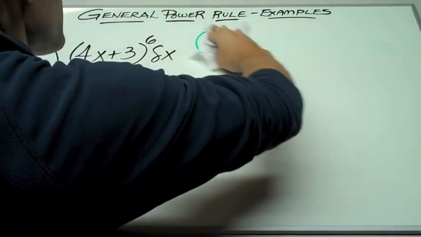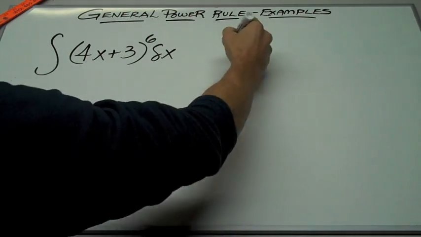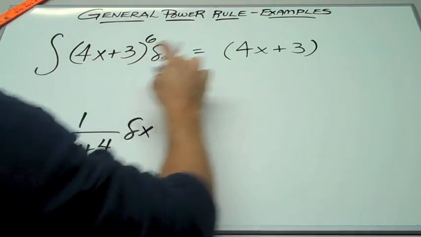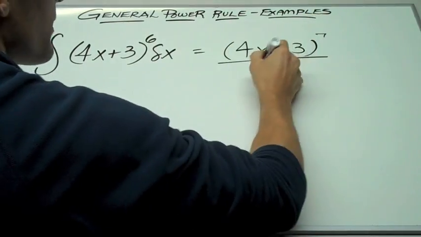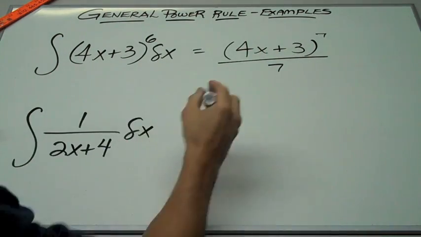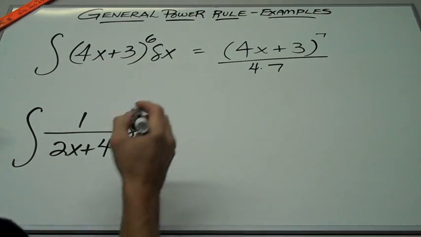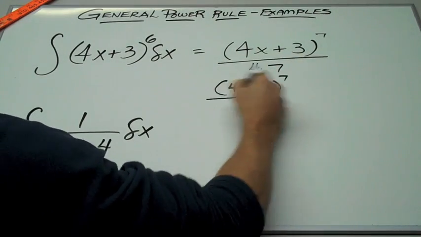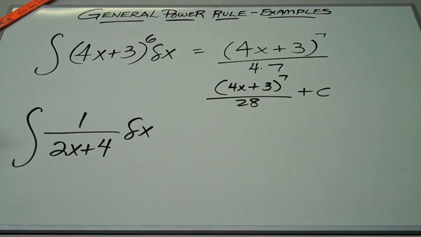If that's our pattern, then this is going to be (4x + 3) to the n, which is 6 + 1 = 7, divided by 7 times the coefficient of what was there. So we'll wind up with (4x + 3)^7, all divided by 28, plus the constant of integration.